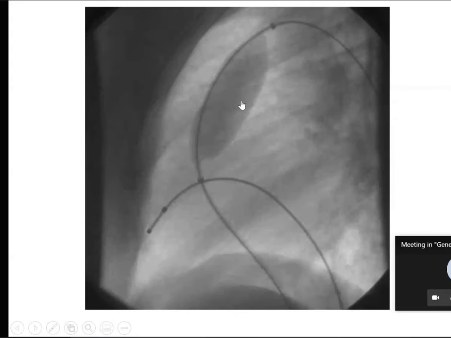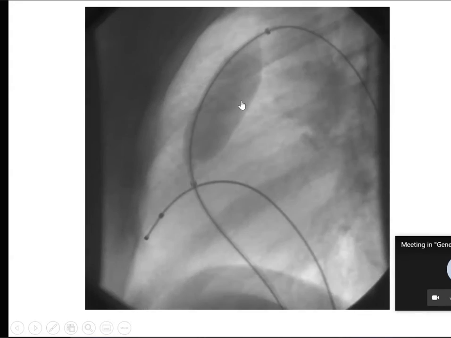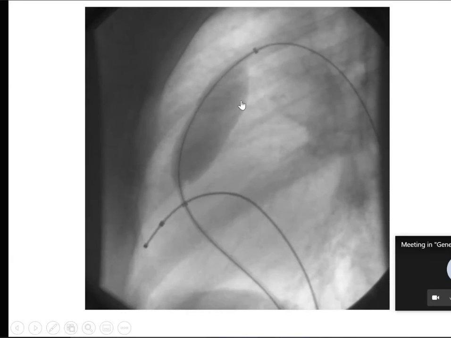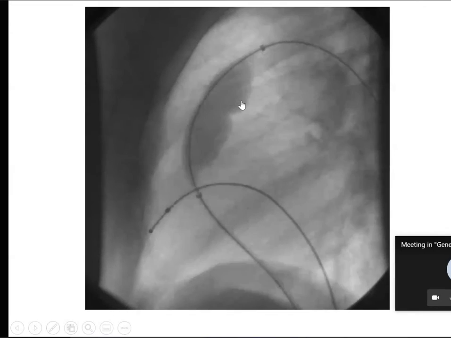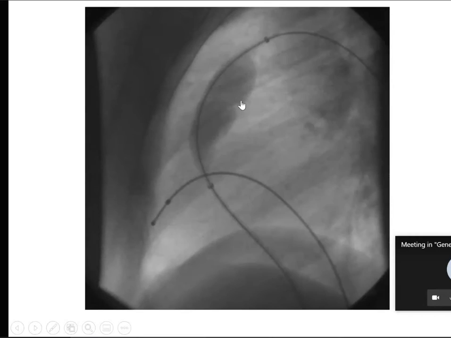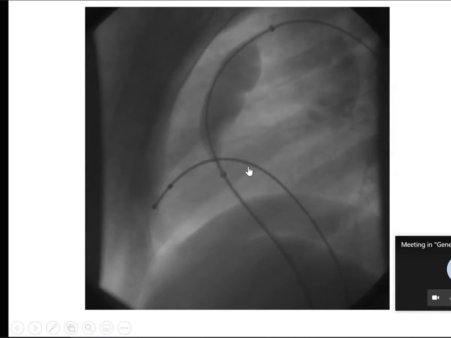For pulmonary? 1.2 to 1.4, even up to 1.4. That is the pulmonary balloon choosing criteria. Here also we will pace.